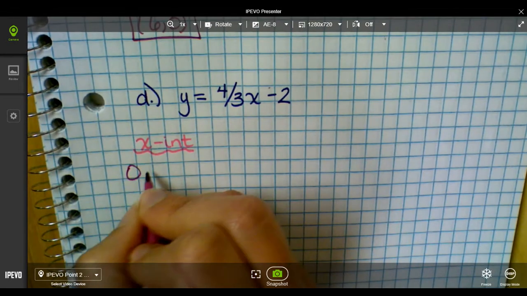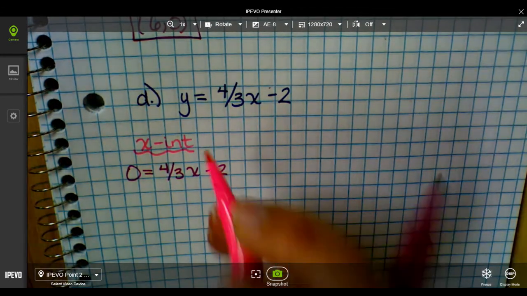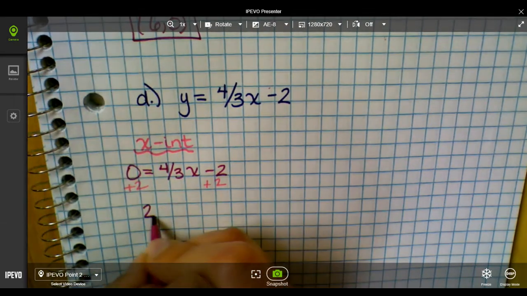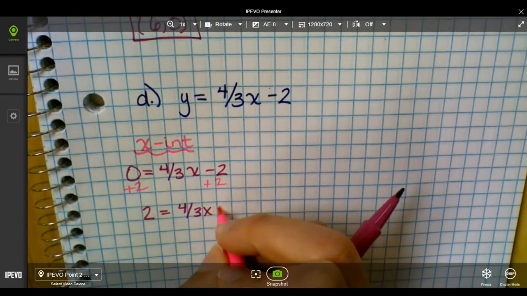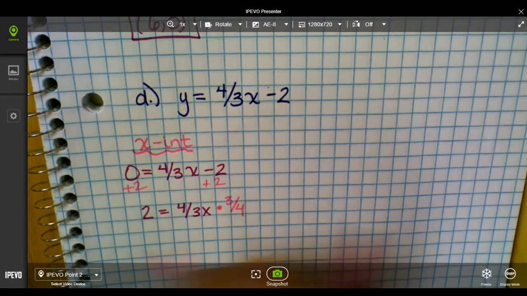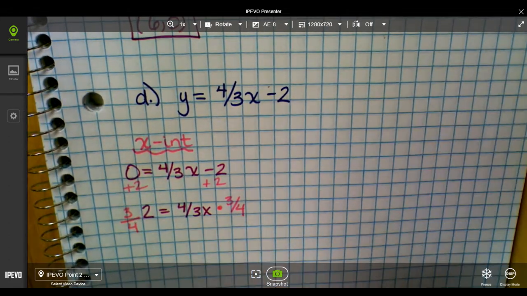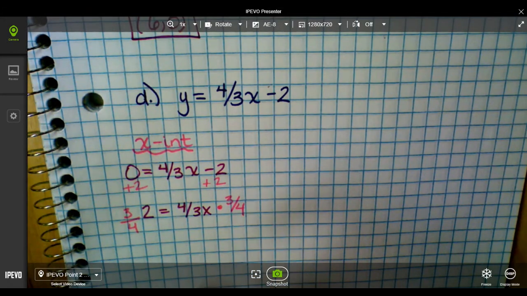X-intercept means I have to solve for x. So start by adding whatever your b is, 2 equals 4/3 x. Multiply by the reciprocal, 4 over 3. Oops, or 3 over 4, I'm sorry. Said it wrong, wrote it right. So multiply by the reciprocal, 3 over 4.